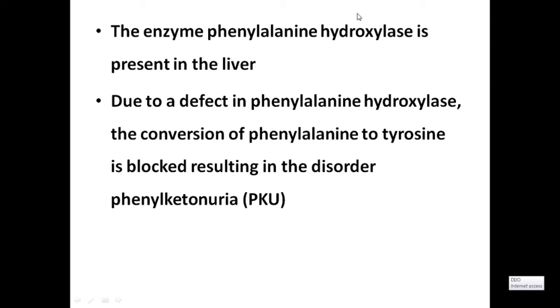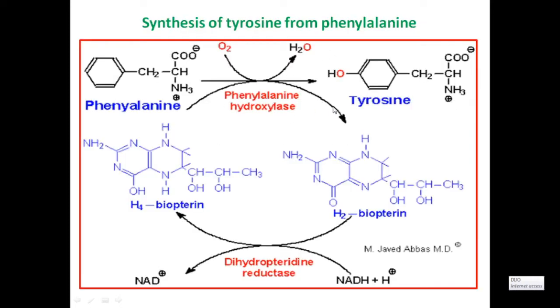So when there is a defect in the phenylalanine hydroxylase enzyme in the liver, the conversion is blocked. Usually phenylalanine is converted to tyrosine with the help of phenylalanine hydroxylase.